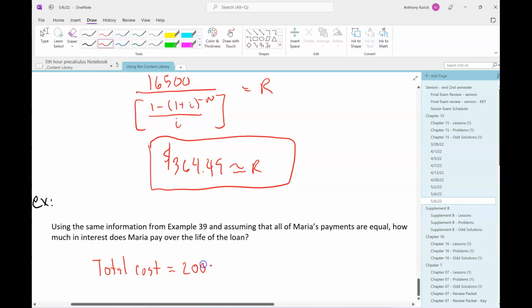Okay, so we paid $2,000 for the down payment. Then we have our payment. And how often do we make that payment? Once a month for 4 years.